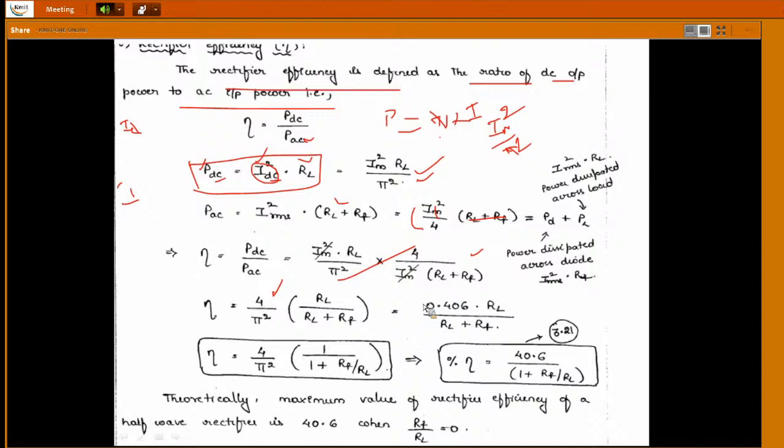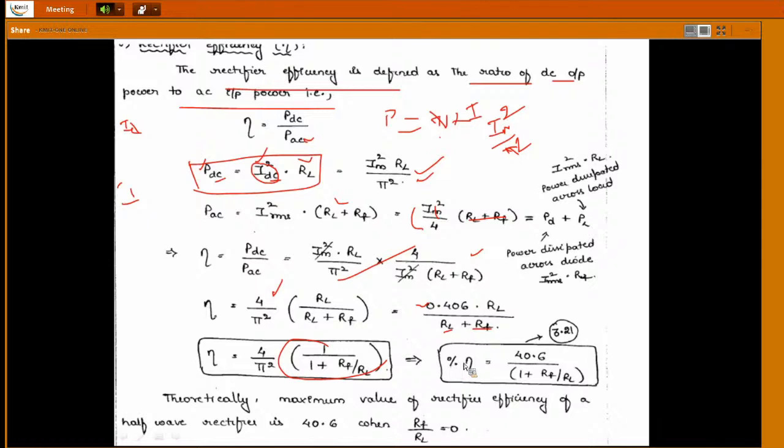If pi is 3.14, you get 0.406 into RL by RL plus RF. You can take this RL as common, so RL by RL and RF by RL: it is 4 by pi square into 1 by 1 plus RF by RL.